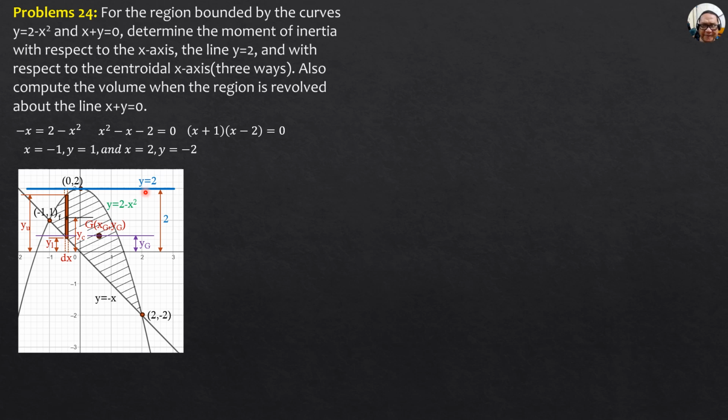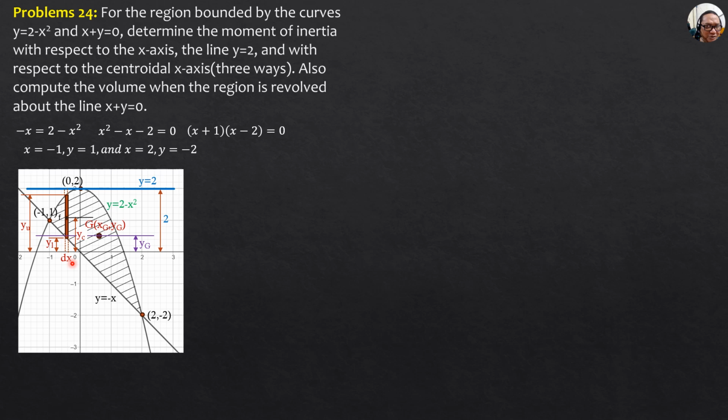So if this is the upper y and lower y, Ix is the moment of inertia with respect to the x-axis. Imagine we have two rectangles and we set up the moment of inertia of area with respect to the base, and remember the moment of inertia of a rectangle with respect to the base is 1/3 base times height cubed.